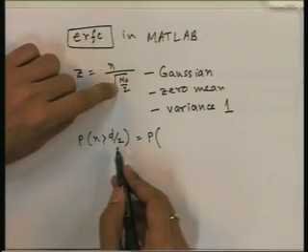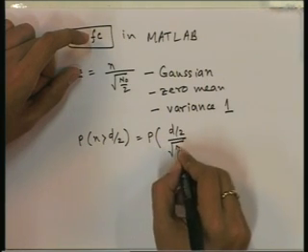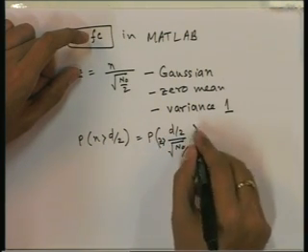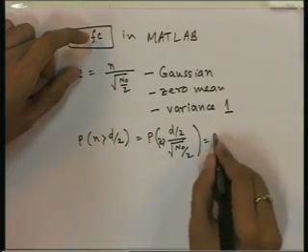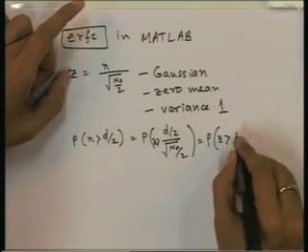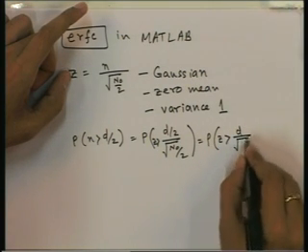So, it is probability z is greater than d by root over 2 N0.